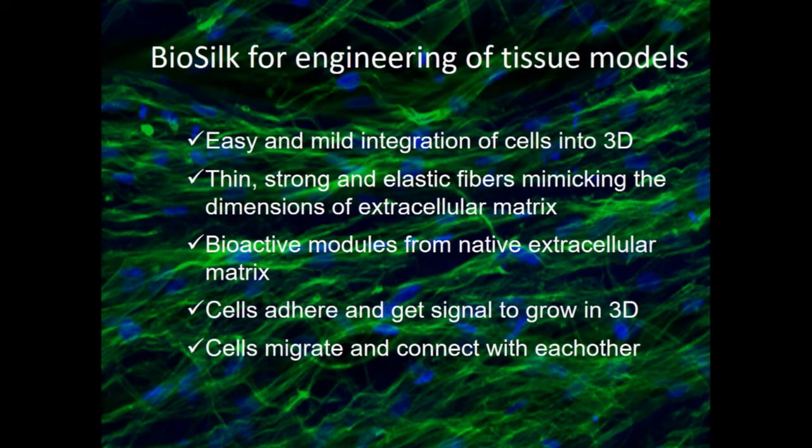And thanks to the recombinant technology, we can also put in bioactive modules that give the right signal to the cells. And in this, the cells can adhere and get the signal that they are in the right place and continue to grow into a tissue. And they also have room to migrate and connect with each other and make a tissue.